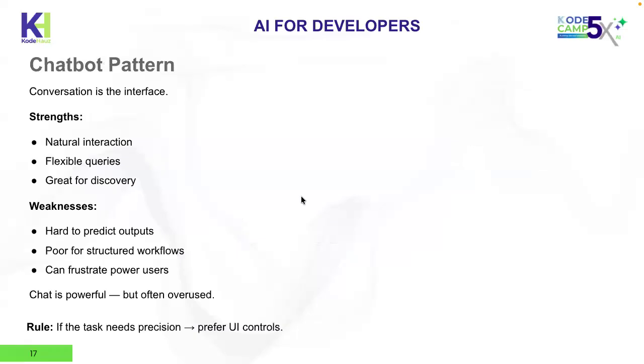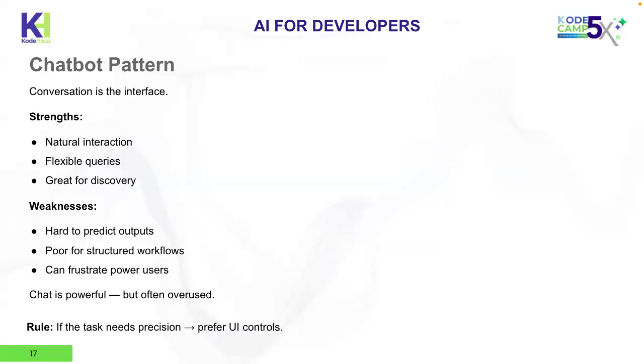The second pattern is the chatbot pattern. The chatbot pattern is what we are already used to. This is very useful when it is information-based, knowledge-based, right? Where the main objective is to provide people with knowledge or information or data. So you use a chatbot pattern.